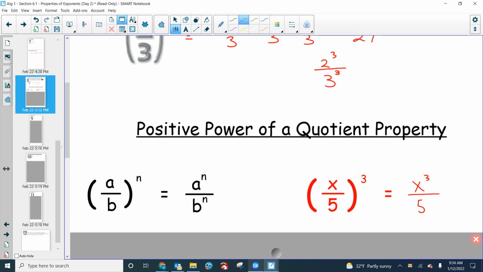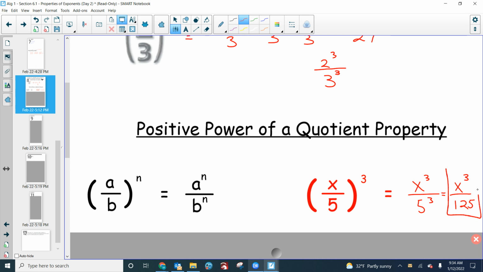Because one of them's a number, we could rewrite it in another form, right? X to the third, can that be rewritten anyway? Or is that good? It's good how it is. What's 5 to the third power? What'd you get, Ethan? 125. Good.